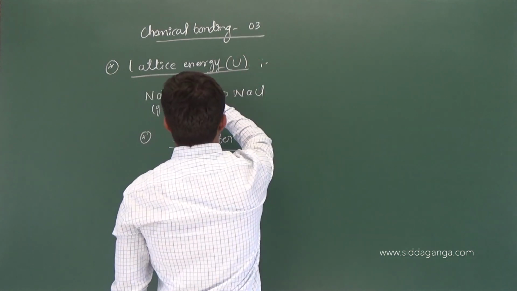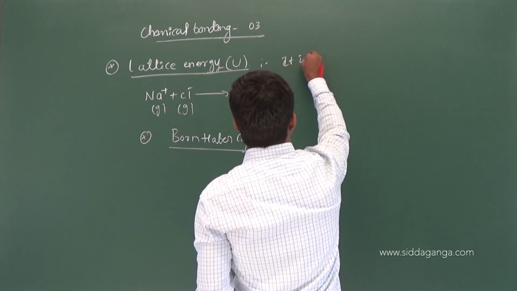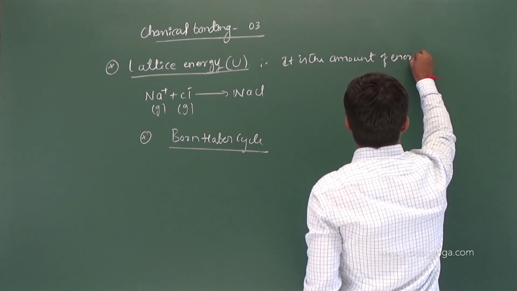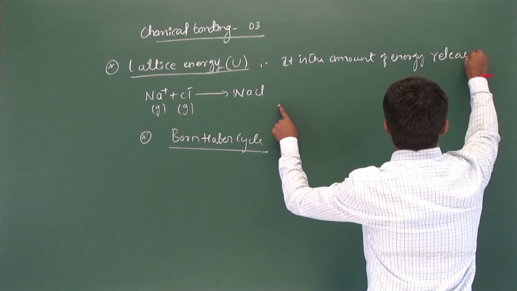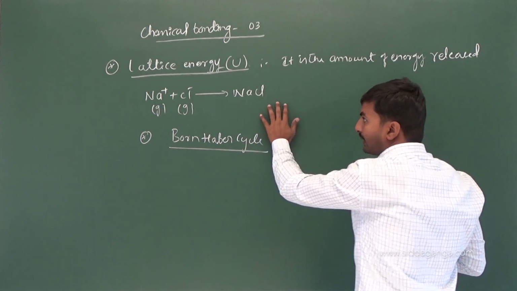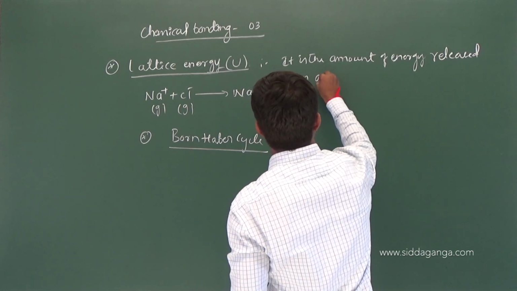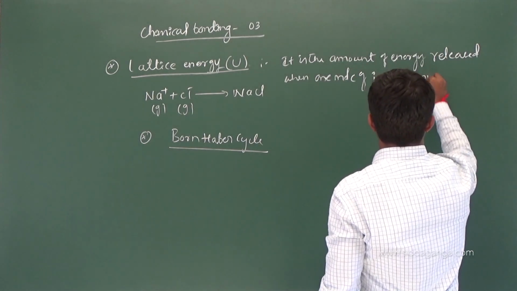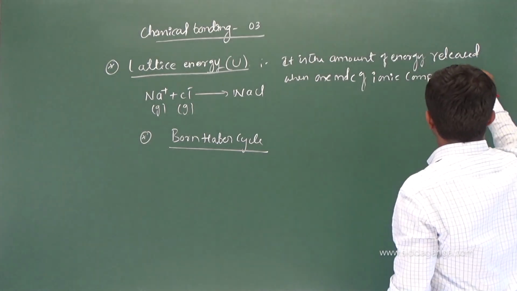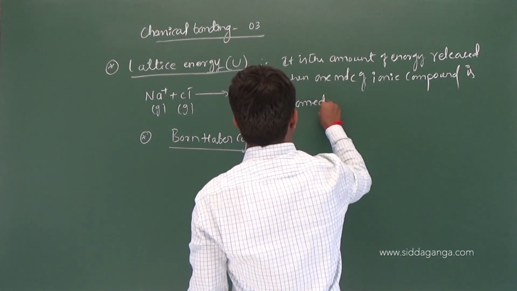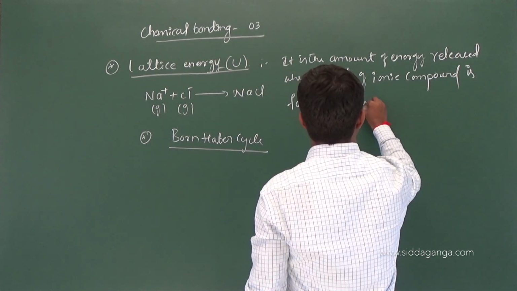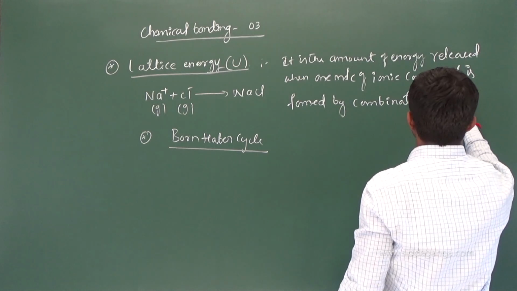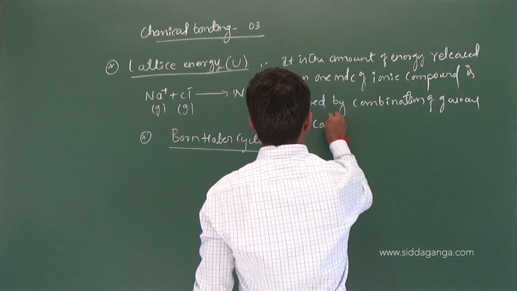Now, what is the definition of lattice energy? It is the amount of energy released when 1 mole of ionic compound is formed by the combination of gaseous cation and anion.